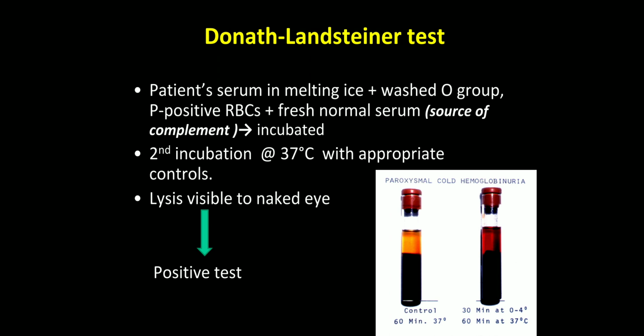Because there is lysis which is happening at 37 degrees because it is IgG type. Initially it was a binding which is happening in the cold, but here at incubation at 37 degrees Celsius it is getting lysed because of that complement fixation.